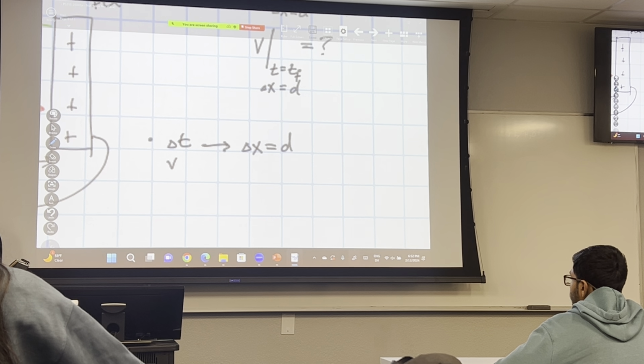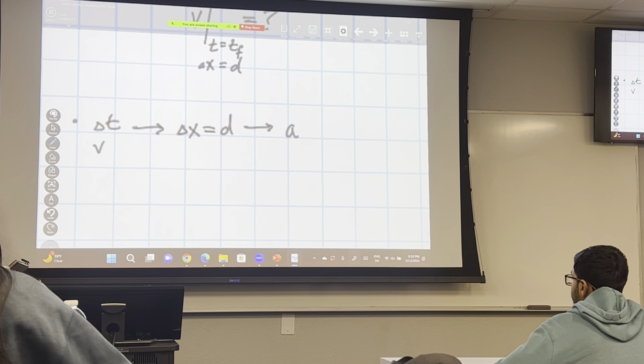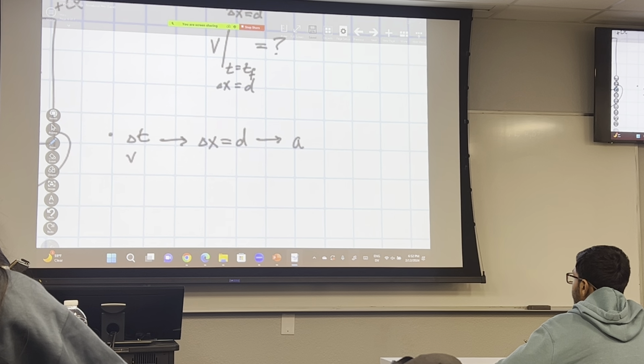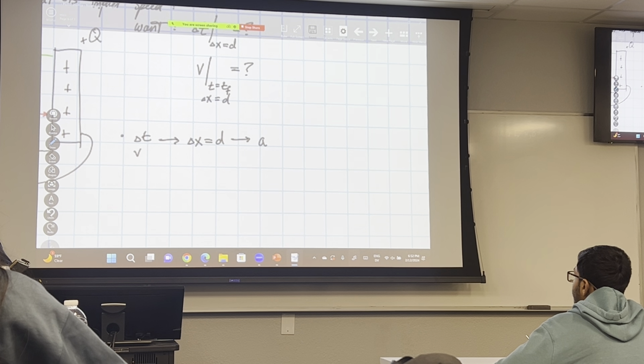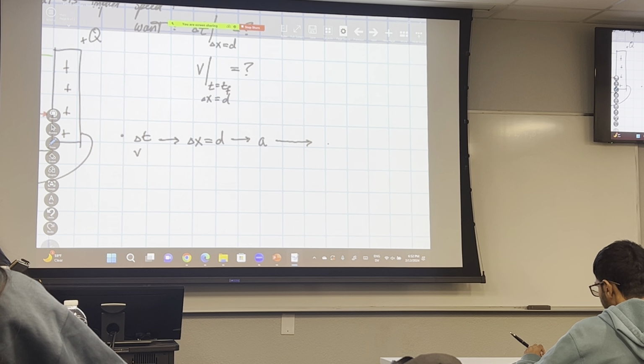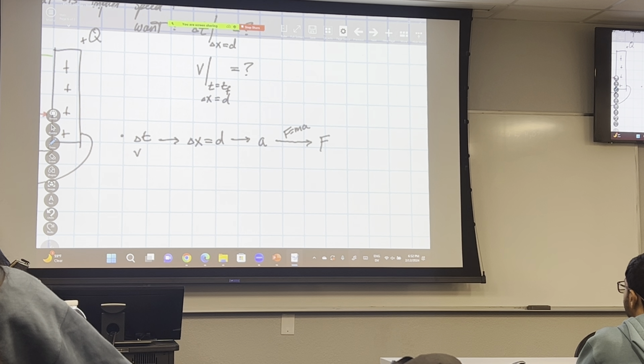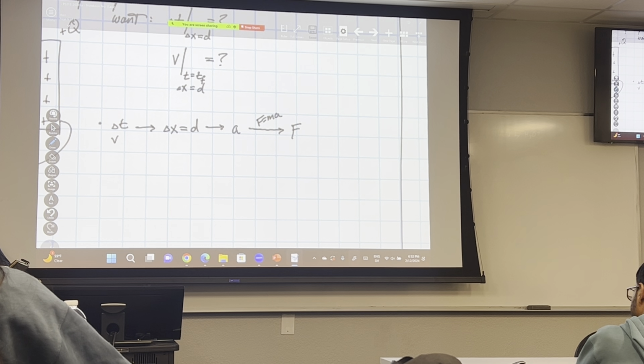Well, you're going to need some information. From the kinematics, you definitely need the acceleration value. Well, how do you get the acceleration value? You would need to think of Newton's second law. You would have F is equal to ma, and that is how you would get there. But then how do you get the force?